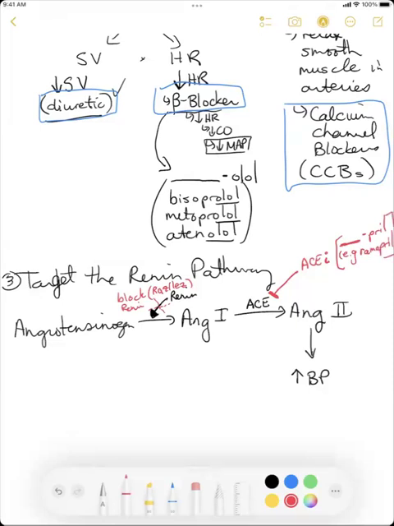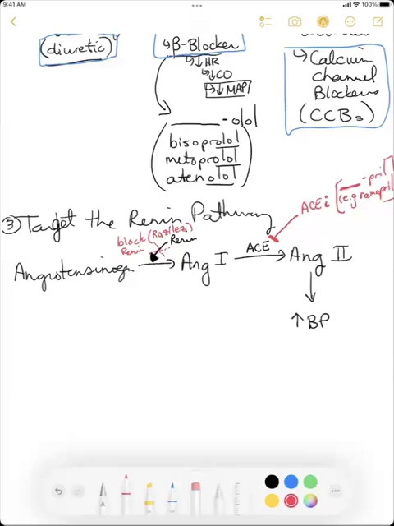The last place that you can actually block this pathway is directly at the site where angiotensin 2 would bind. And this would be, you'd block the receptors for angiotensin 2. So you can do angiotensin 2 receptor blockers.